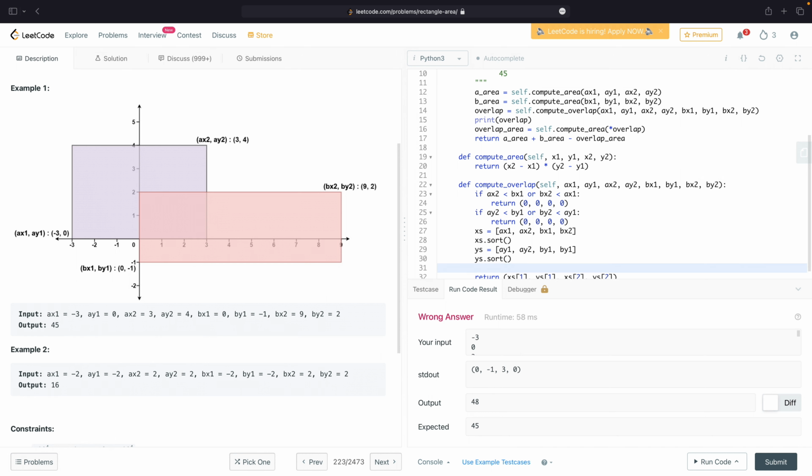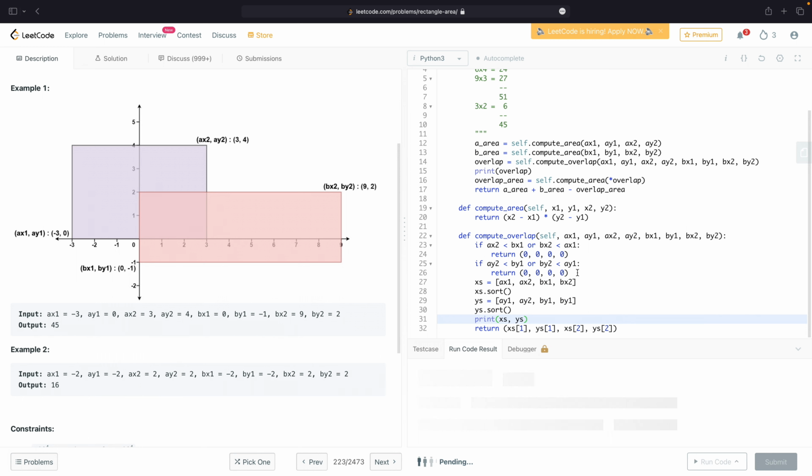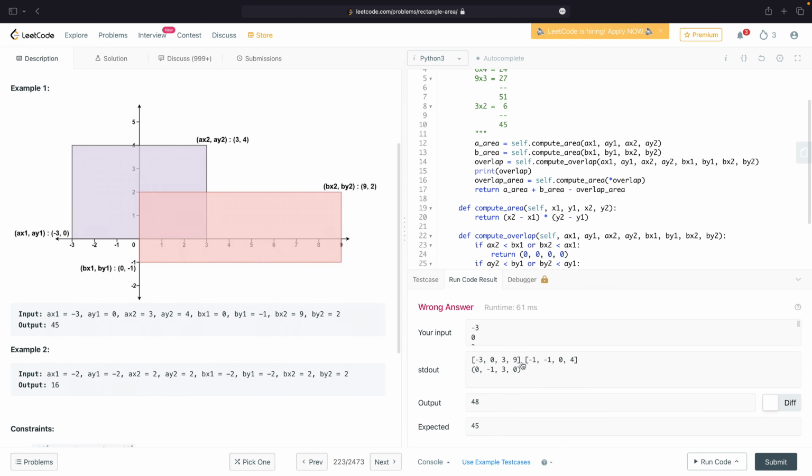Hang on, I need to see what the x's and y's are, because that's surprising to me. -3, 0, 3, 9. So the x's should be, hang on, 0, -1. Oh no, 0. Sorry, yeah. -3, 0, 3, 9.